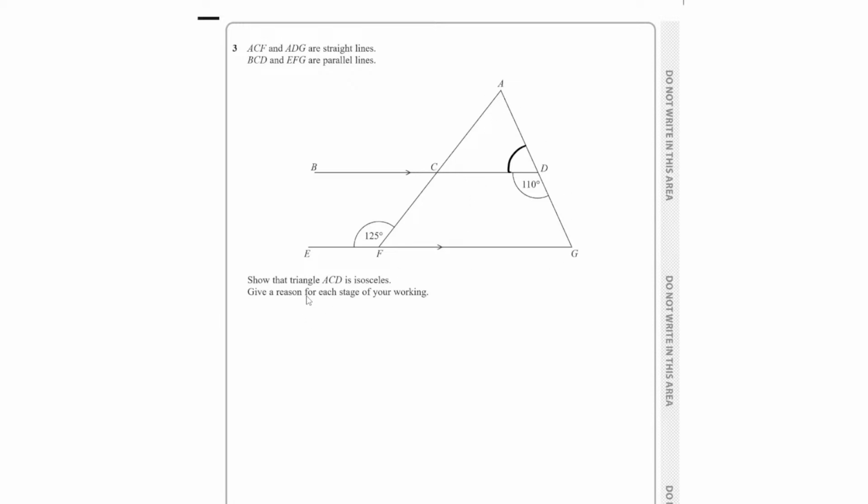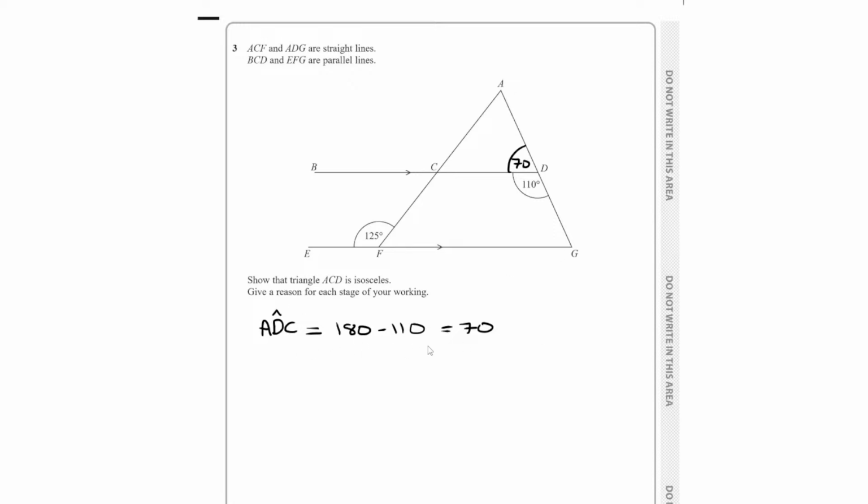Because that's just on a straight line. So write down which angle it is, ADC. And I would work that out by doing 180 minus 110, which is on a straight line. Okay, so that is 70.